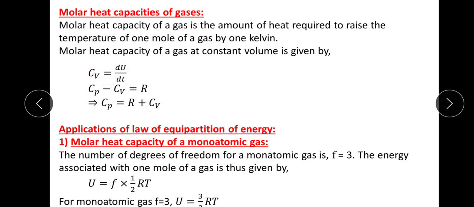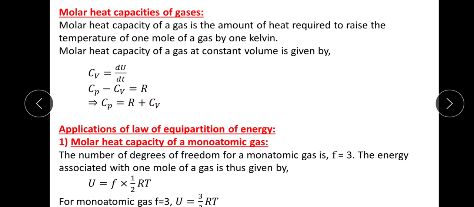The molar heat capacity is calculated by keeping the volume of the gas constant. This U is nothing but the internal energy of the system. And how do we define Cp? It is the molar heat capacity of a gas at constant pressure, which is given by R plus Cv.